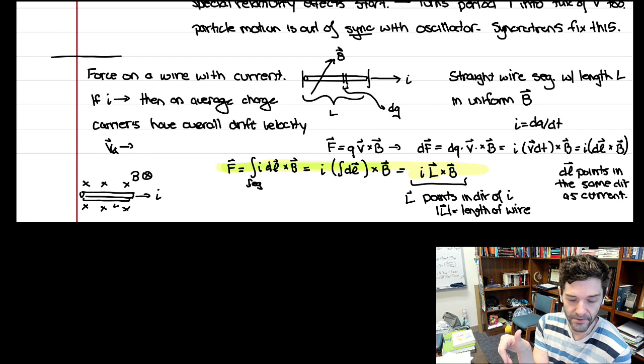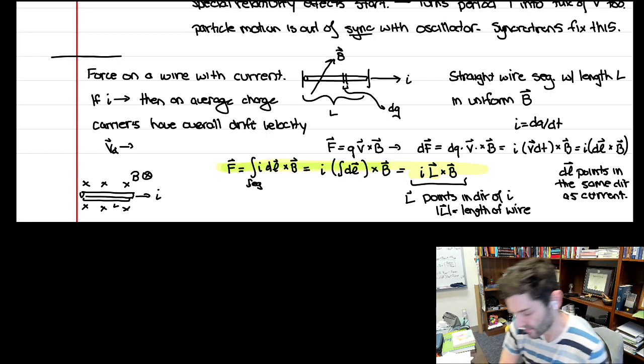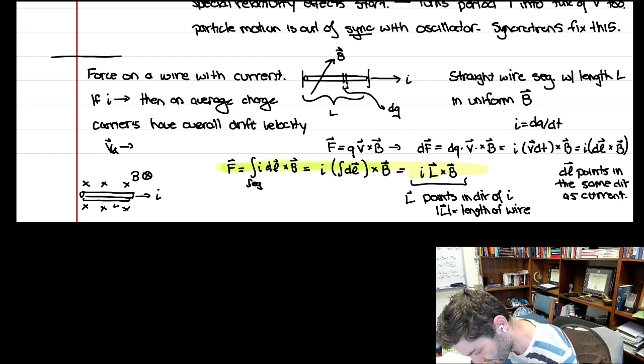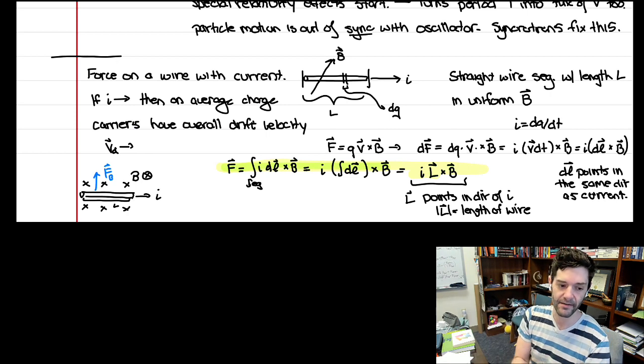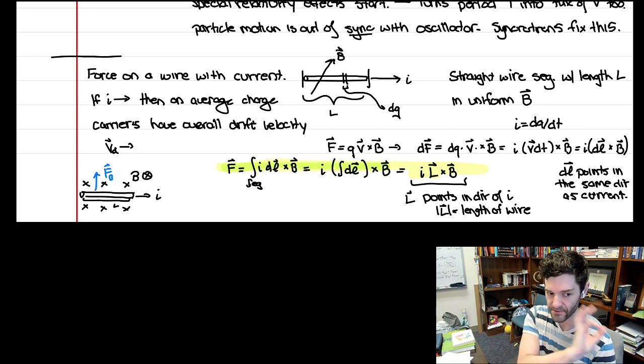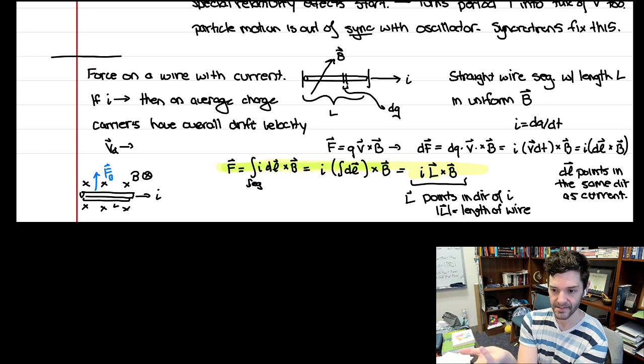If I curl my fingers into the page by the right-hand rule, it looks like the force on this wire points upward as a result. And again, notice it's the same thing you would get if there's a positive charge moving to the right. By convention, the conventional current is positive charges flying around, and when you calculate the force, it seems that the wire is being pushed upward.